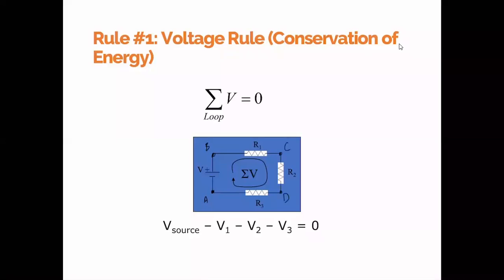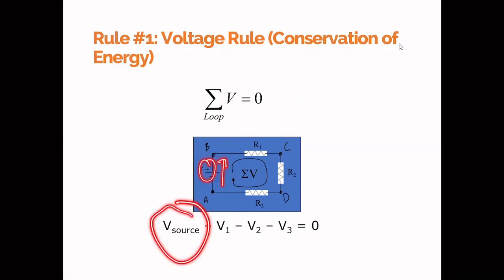Okay? So, kung ang loop natin is clockwise direction, alam natin na equivalent niyan is dito pataas siya, dito pag ganyan, dito pag ganito. Okay? So, from our source, since towards positive tayo, positive yan.